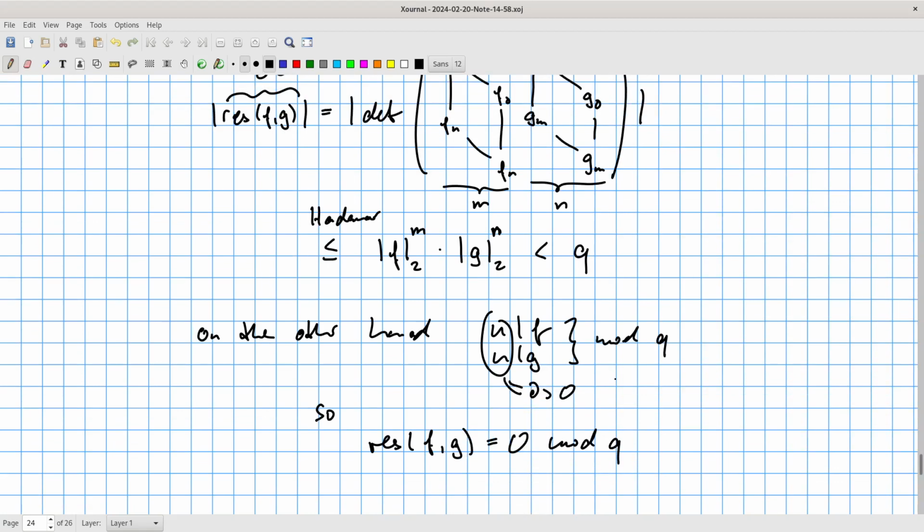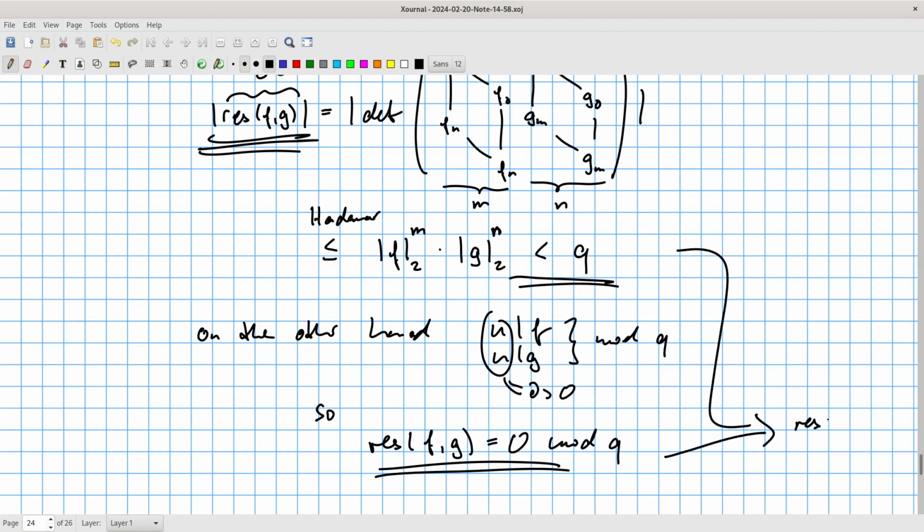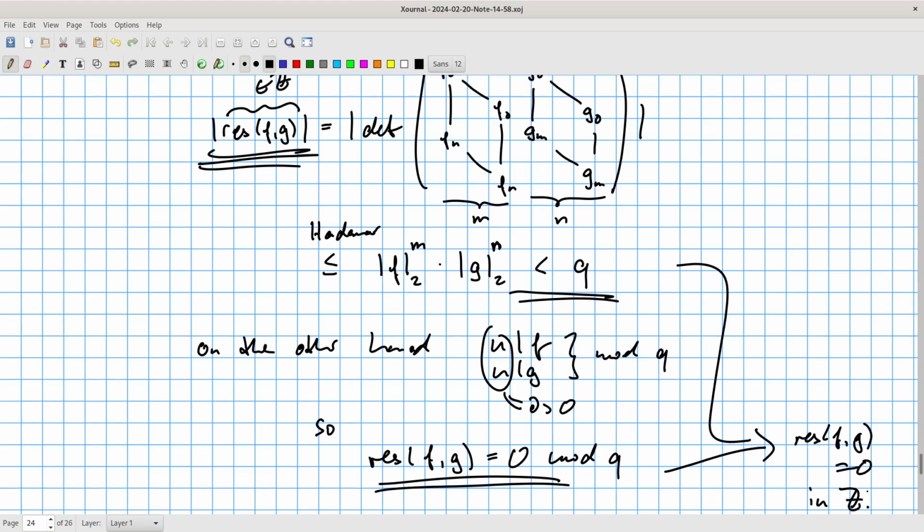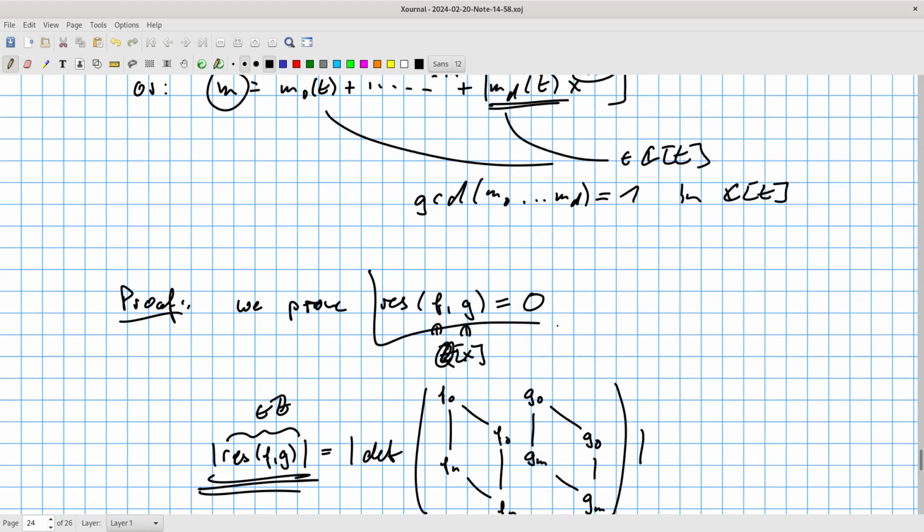But if you combine those, the resultant is less than q, but it's also 0 mod q, then those two together would give that the resultant of f and g is equal to 0 in the integers. And this is what we wanted to show.